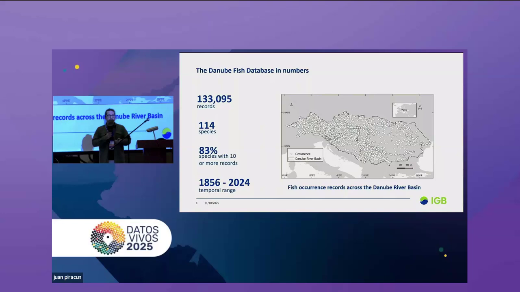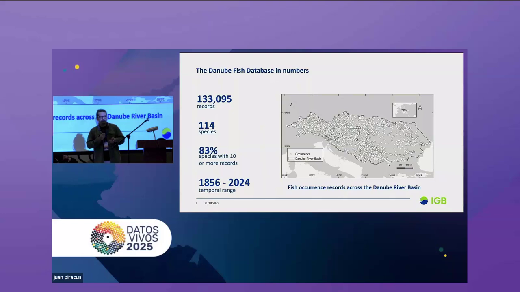Finally, we collected more than 100 records of occurrences in 114 species. At least 83% of species have 10 or more records, and the records go from the 19th century to 2024.